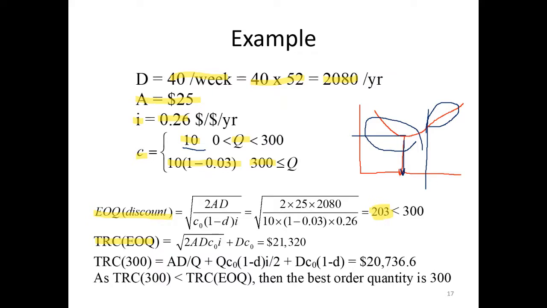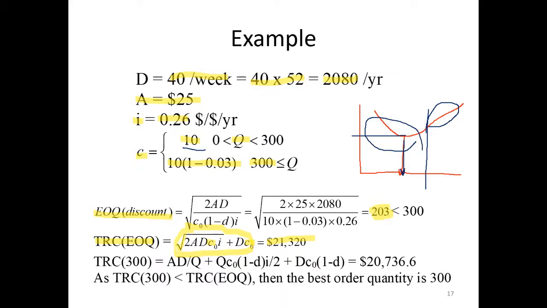I'm just doing it directly using this formula because after all I'm interested in the total cost value, not the EOQ value for now. As you can see here, we substitute the value of C naught, which is 10 in this case, in our formula, and this will give us $21,320.